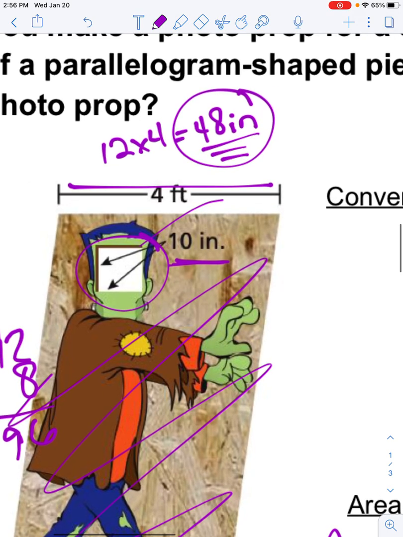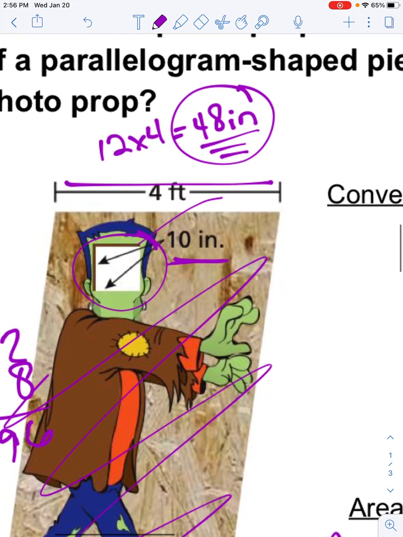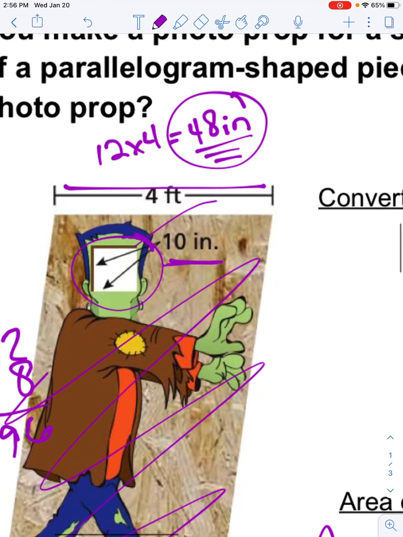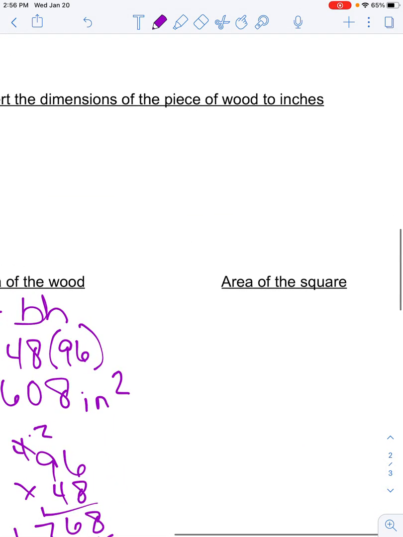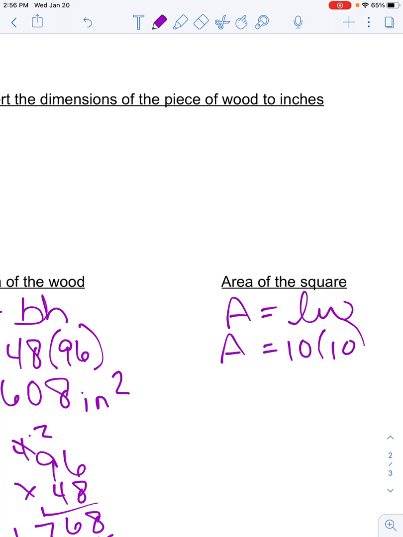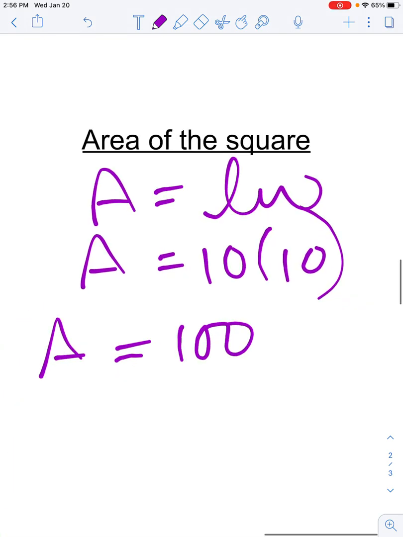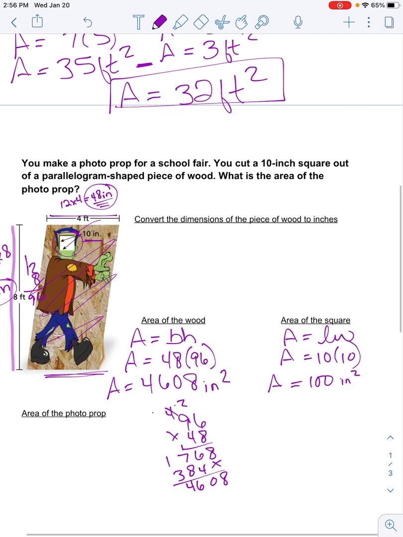Now let's take out the part that's missing. It's a square. What do we know about a square? All sides are the same. So if the length is 10, that means the width is 10. So the area of a square, we can say length times width. The length is 10 inches, the width is 10 inches, so the area of that space inside is 100 square inches.